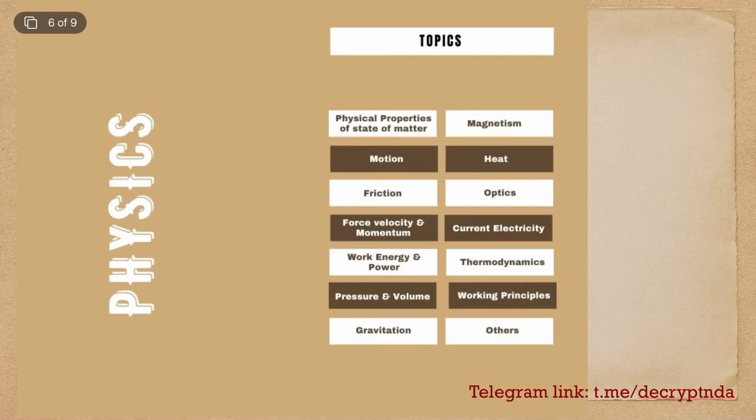Okay, and in the case of thermodynamics, the laws of thermodynamics, isobaric process, isochoric process, adiabatic process, etc. And in the working principles, you have to look at some working principles of some equipment such as microscope, telescope, periscope, these simple, common, general equipments. Okay, and some miscellaneous topics, that is cells, battery cells, X-rays, sound waves, etc.